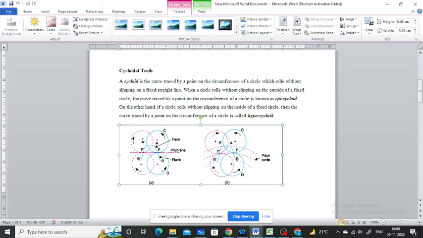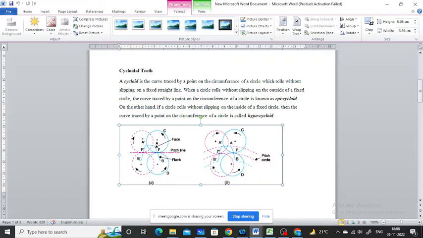और जब हम बात करेंगे similarly, जैसे जो आपका सेकंड डायग्राम बना हुआ है, इसमें सर्कुलर टीथ को कंस्ट्रक्ट करके दिखाया है। If the circle C is rolled without slipping on the outside of the pitch circle and the point P on the circle traces PA, which represents the face of the tooth. इसमें रोटेट करेगा तो दो पार्ट बन रहे हैं PA और PB। PA generates the face of the cycloidal tooth and it is the epicycloid, and the PB is the hypocycloid and represents the flank of the tooth.